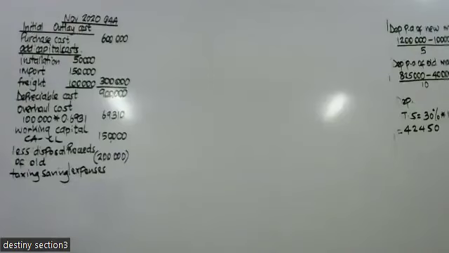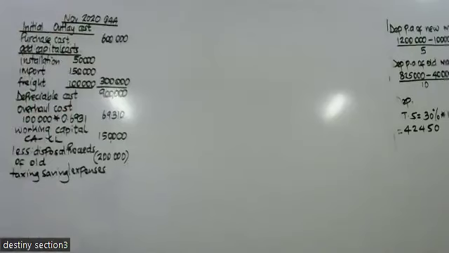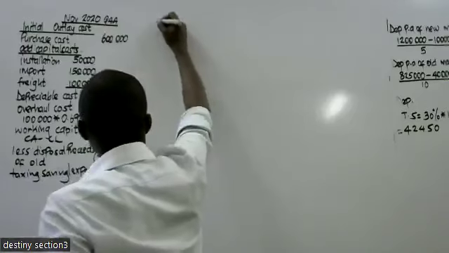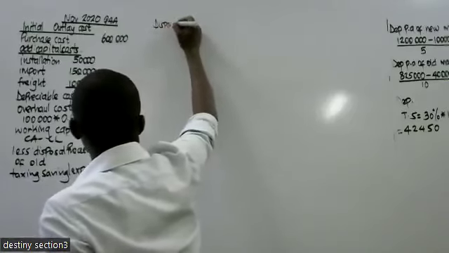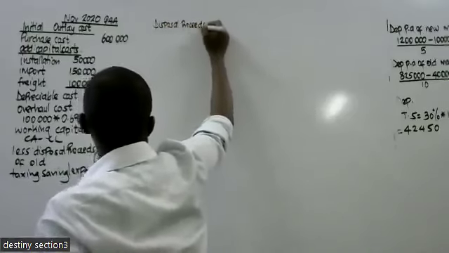Ningapi? Yes, 200. Gain on disposal or loss on disposal? You're getting a gain or a loss?